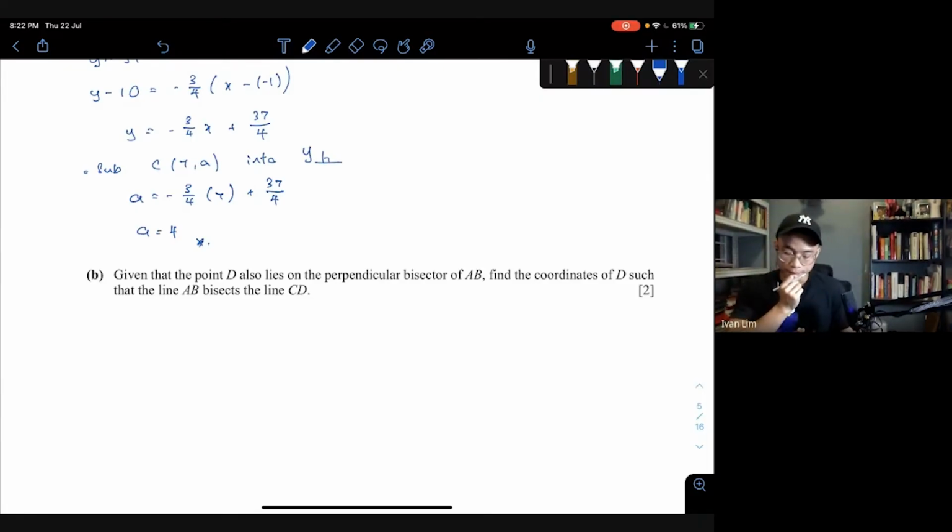Part B: given that the point D also lies on the perpendicular bisector of AB, find the coordinates of D such that AB bisects the line CD. For this question, you have to read the question a bit carefully. They say find the coordinates of D such that line AB bisects the line CD.